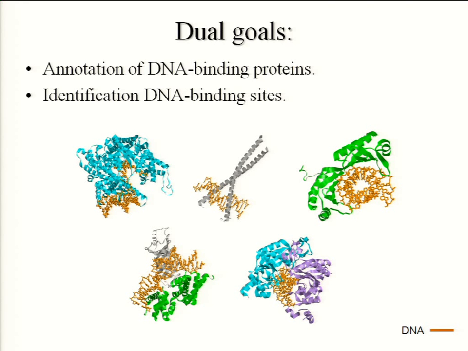So the first is to annotate DNA binding protein, that is to go to this data set of 700 proteins or so, and to look for DNA binders, and also to identify the DNA binding sites. Now, of course, one possibility is to try to train some machinery to detect known motifs that bind DNA, and people have done it, and I'll go over it soon.